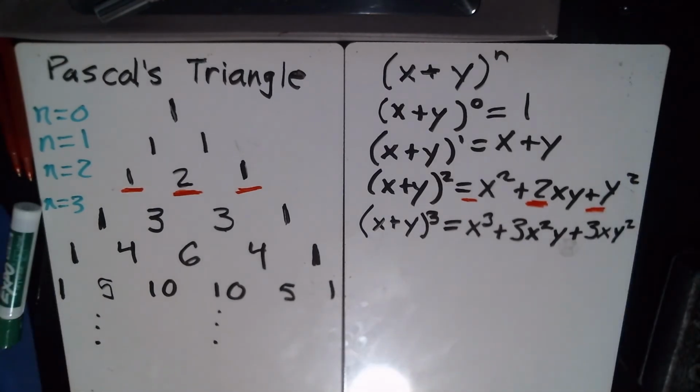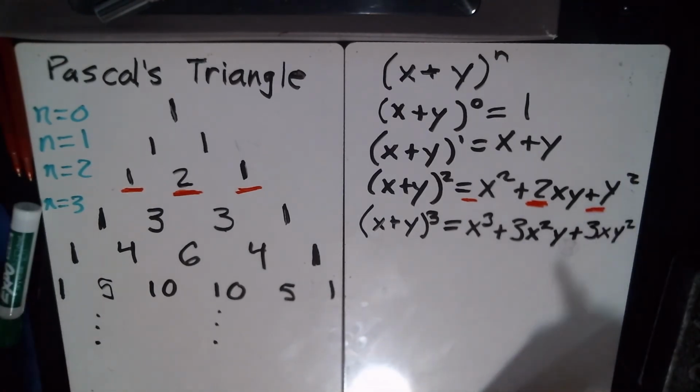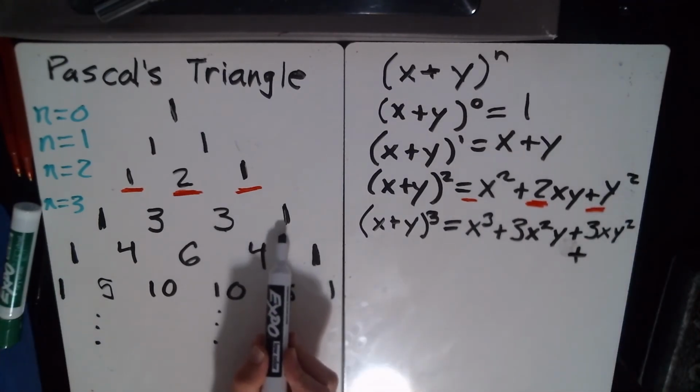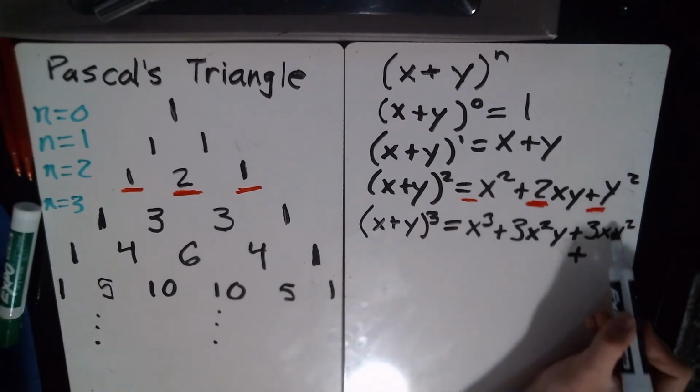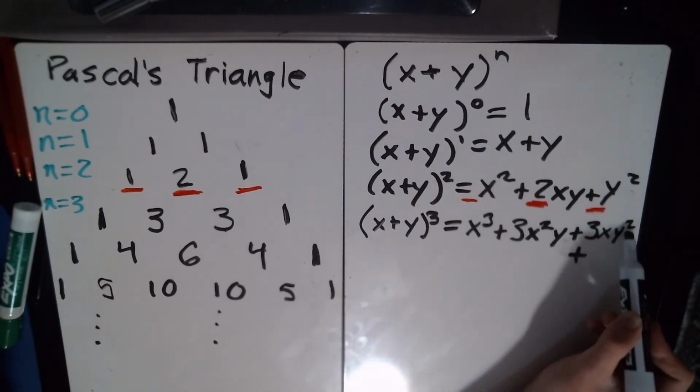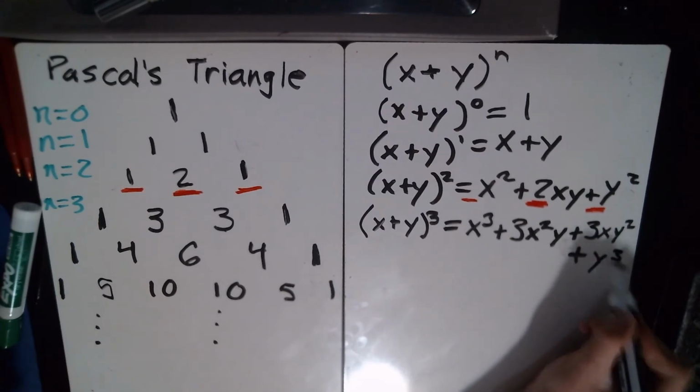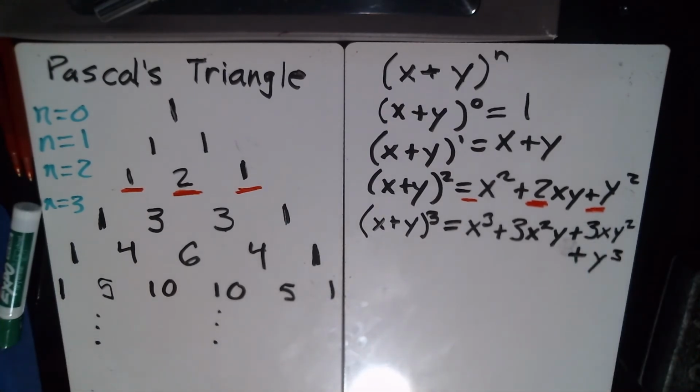So 3xy squared, and then finally we get 1 times, we bring down the power on the x, so we get rid of the x, and then increase it on y, so plus y cubed.